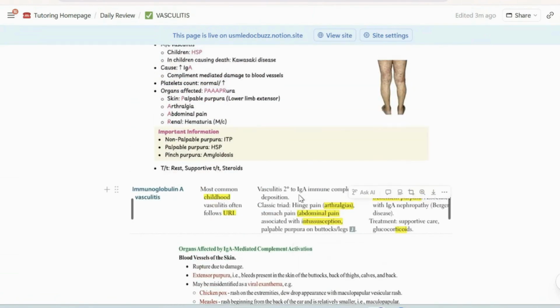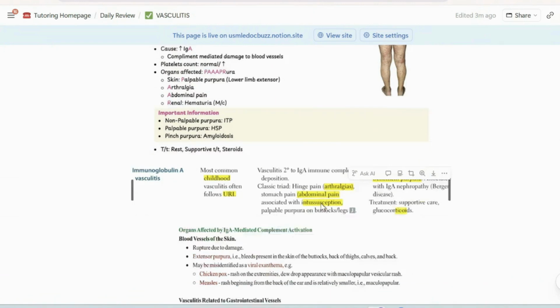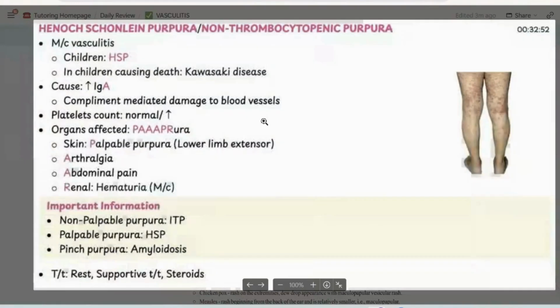So what ends up happening is you have vasculitis secondary to IgA immune complex deposition, right? So you are depositing all the IgAs and it's all being consumed, okay? So what you end up seeing is this mnemonic, most commonly called purpura, okay?